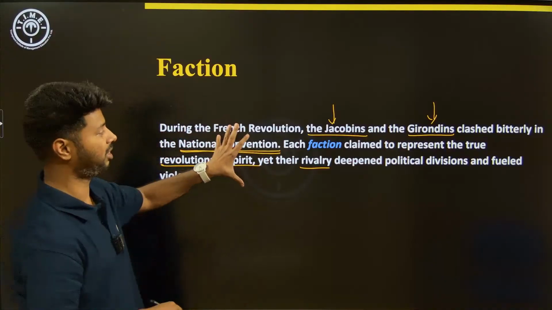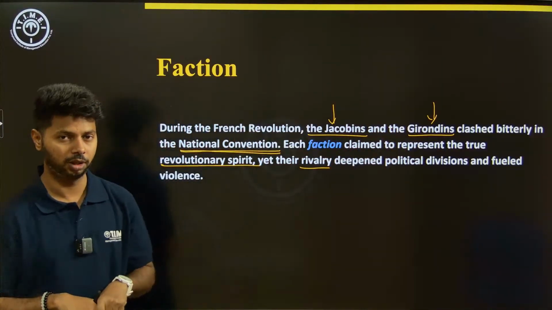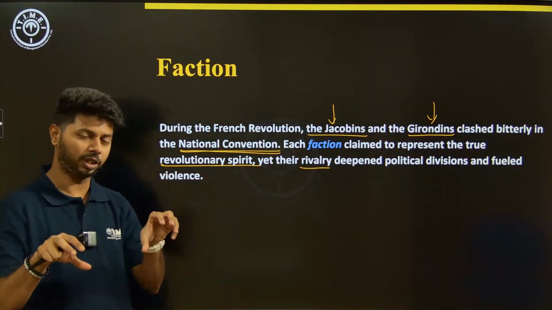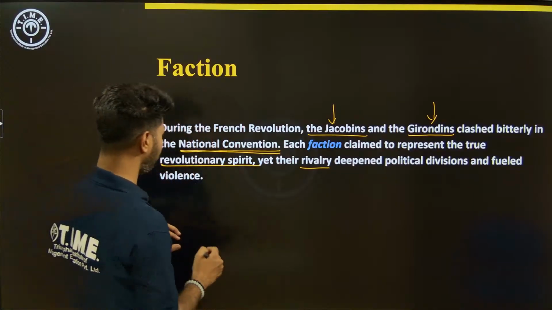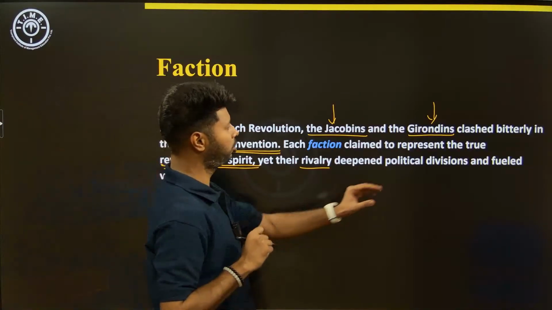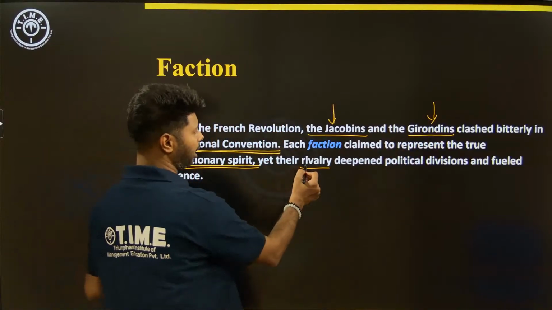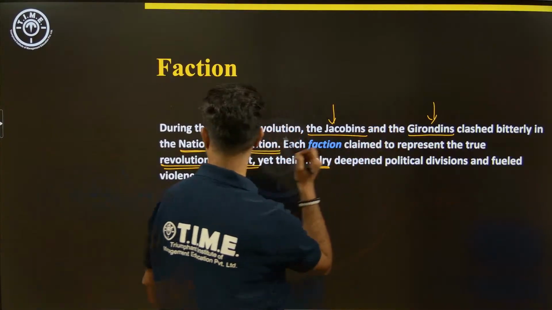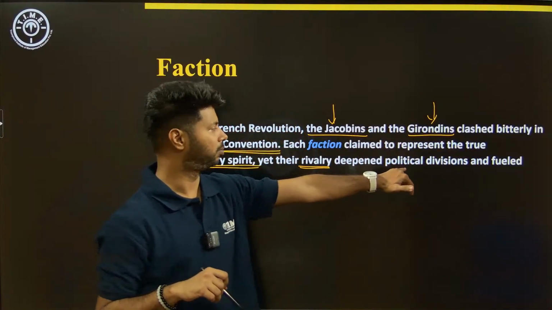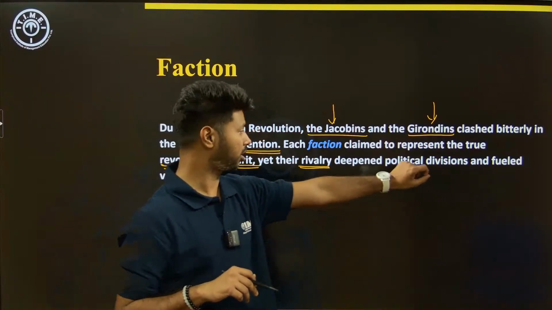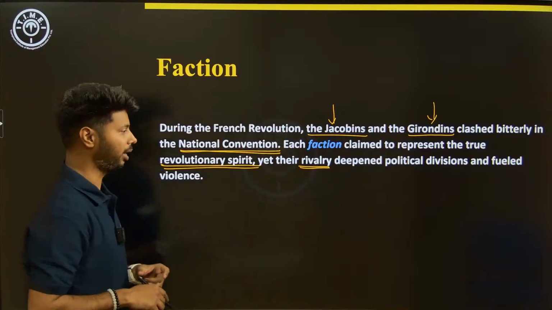These two groups are part of a larger group, and within it there are two groups which differ in opinion. They both claim to be the true representatives of revolutionary spirit, yet their rivalry deepened political divisions and fueled violence. So often, their clashes can have very dark and deep ramifications: political divisions, and a lot of violence can occur.